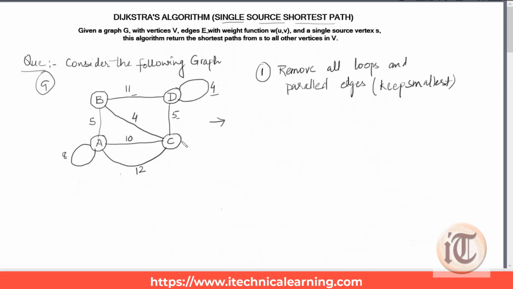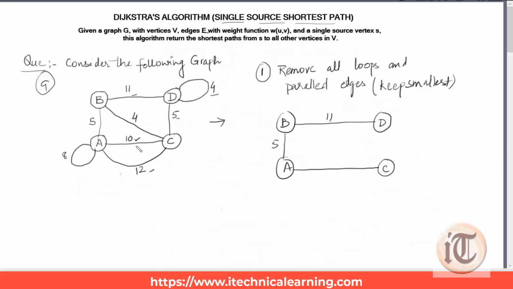So if I convert this graph as per the step, then the remaining graph will have node B, node A, node D and node C. And we can see B is connected to D with the cost value 11, A is connected to B with the cost value 5, A is connected to C. Now we have two options, whether we take 10 or 12.